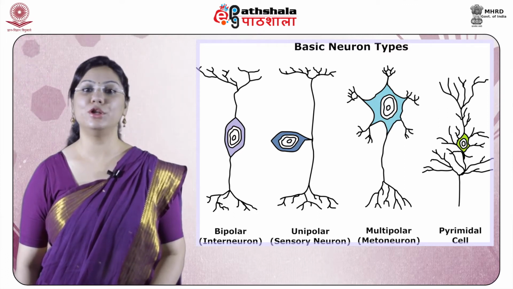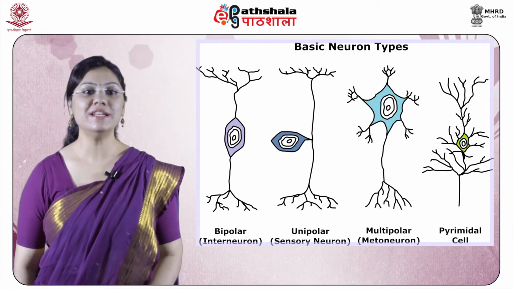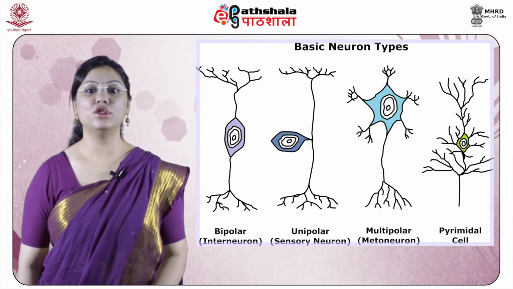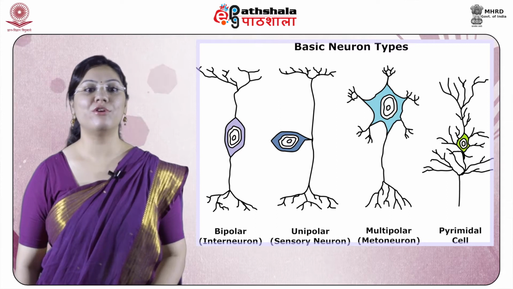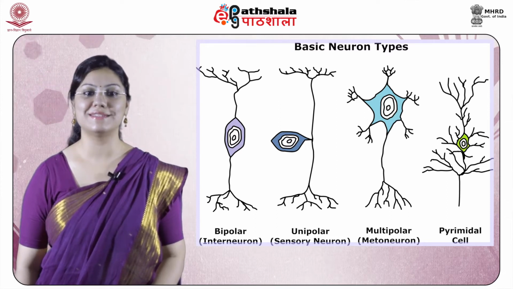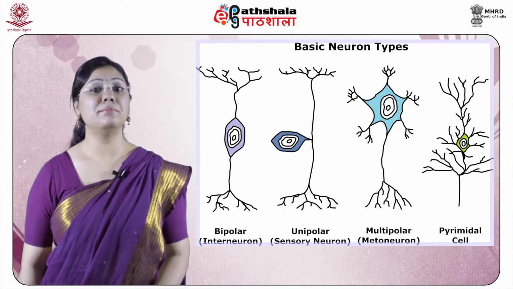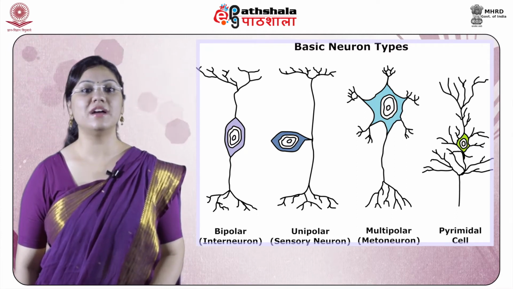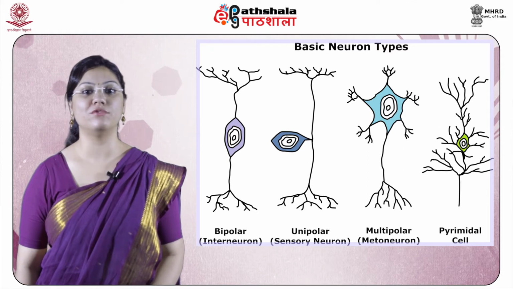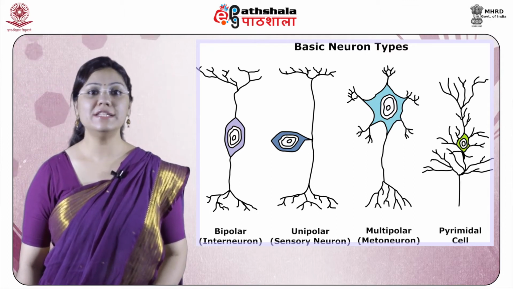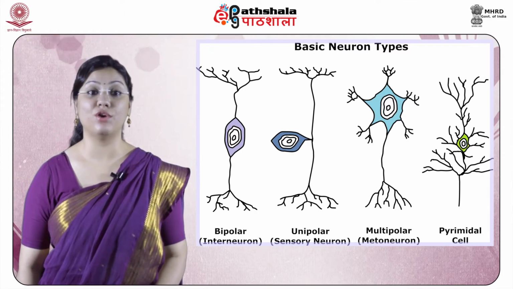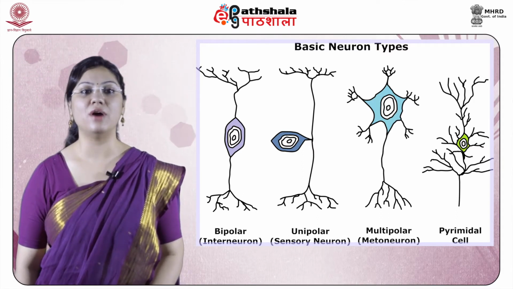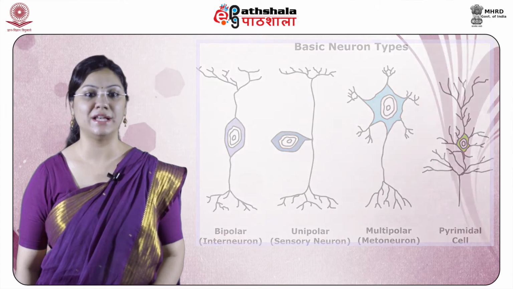A bipolar neuron has only one dendron, which arises from the soma on the opposite side from which the axon arises. And in multipolar neurons, there are many dendrons that arise from different sides of the soma. The multipolar neurons are involved in higher order functions and mostly found in the brain and the spinal cord.